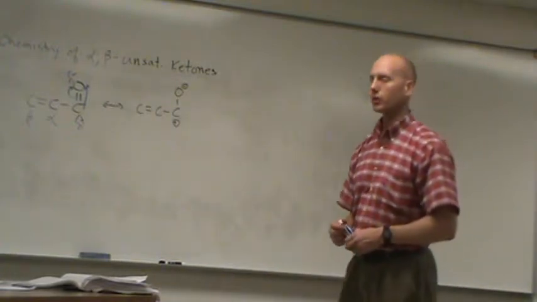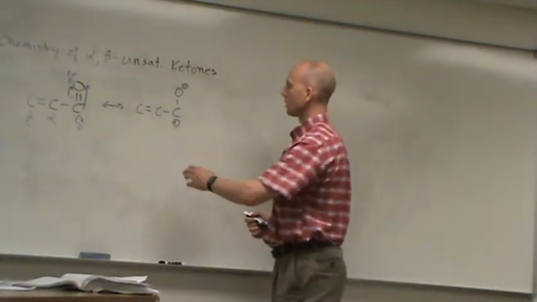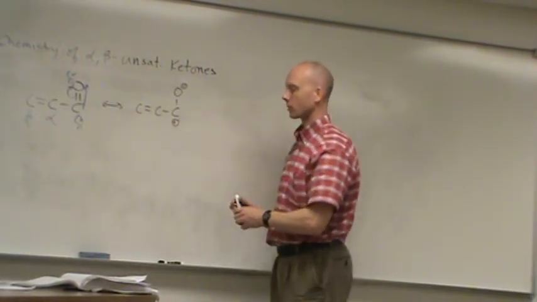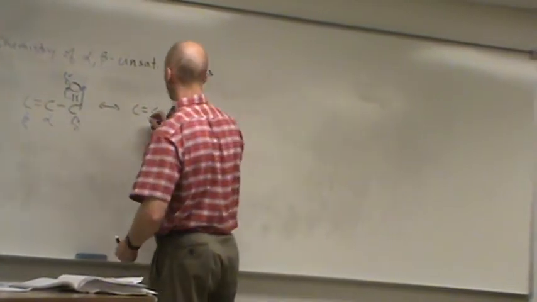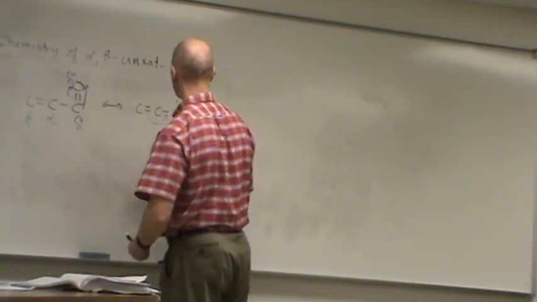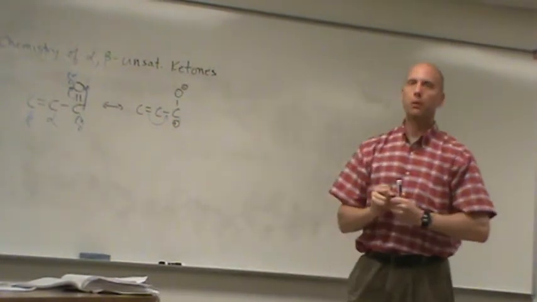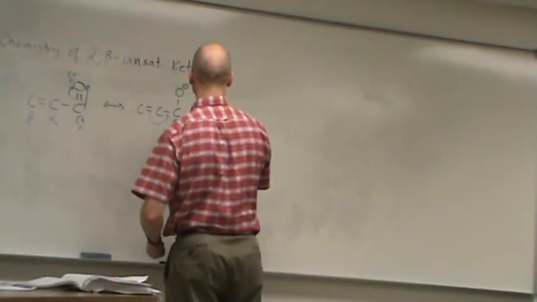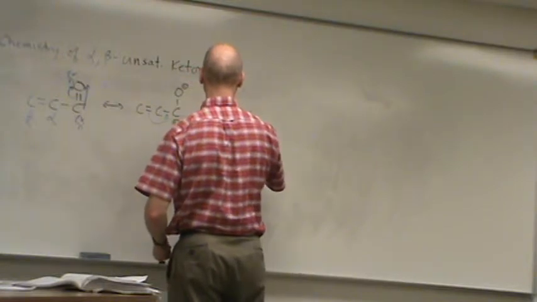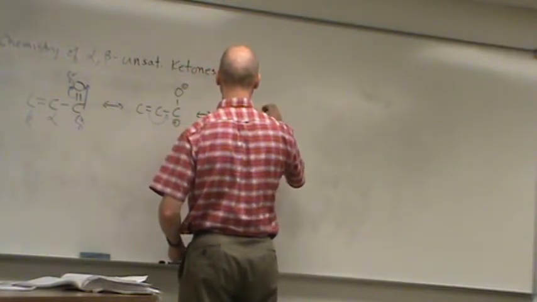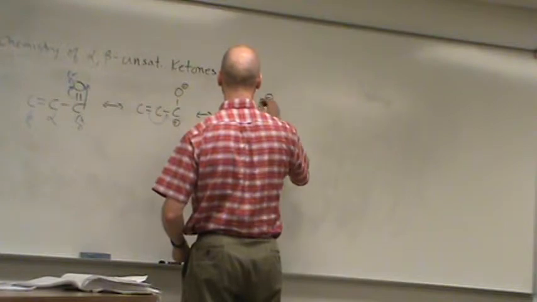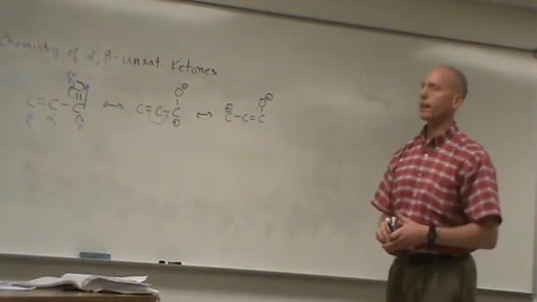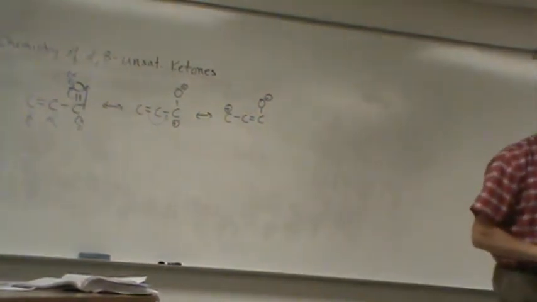Is there any more resonance I could draw? Yeah, I got an allylic carbocation. Okay, so that's ABC. So I can dump into there. And so get that resonance structure.